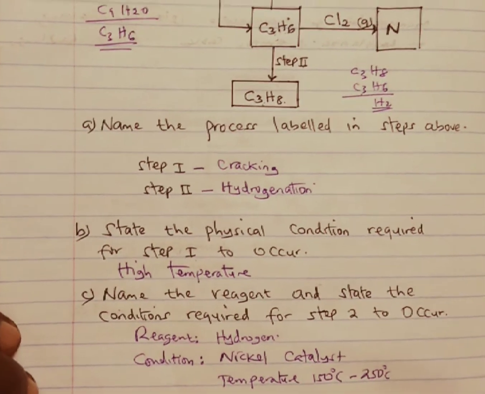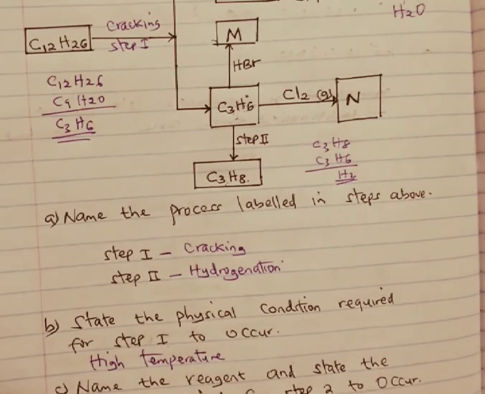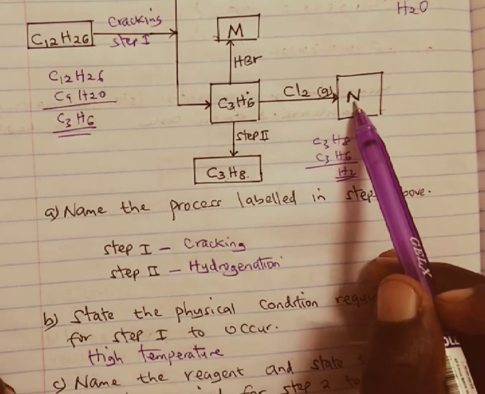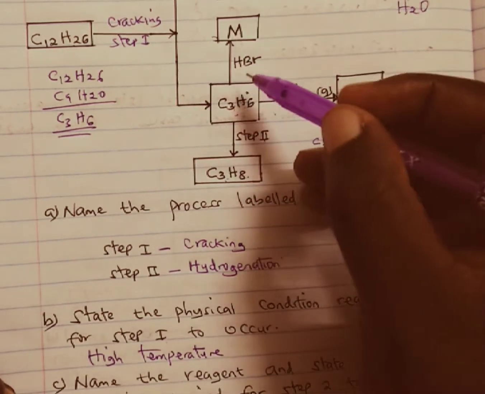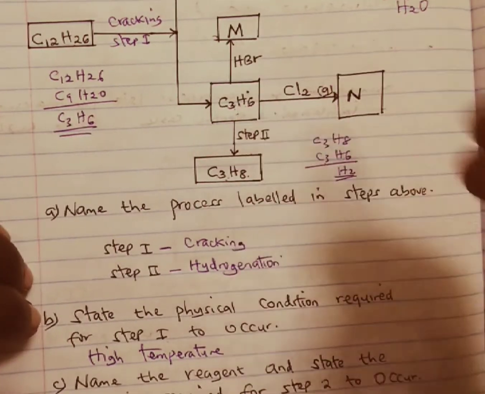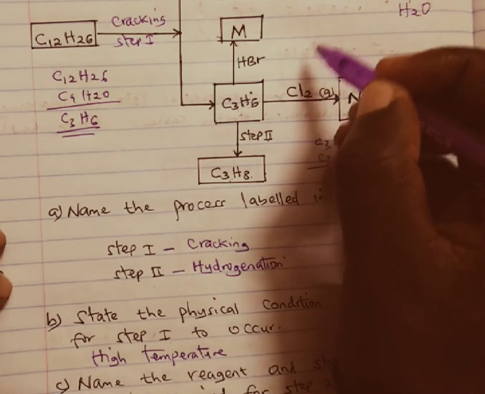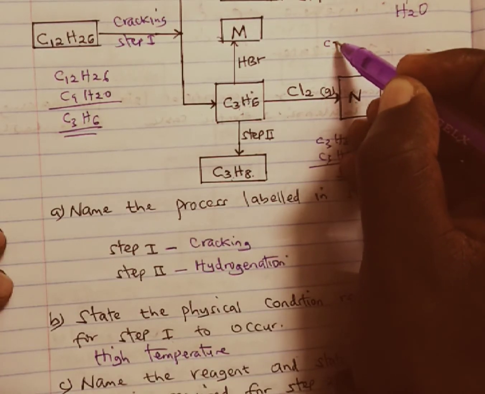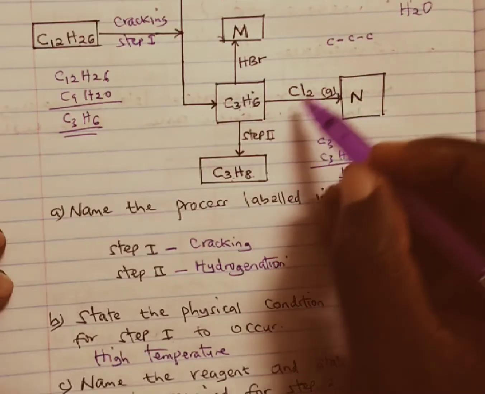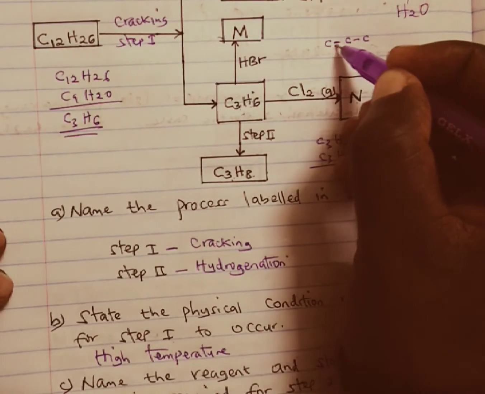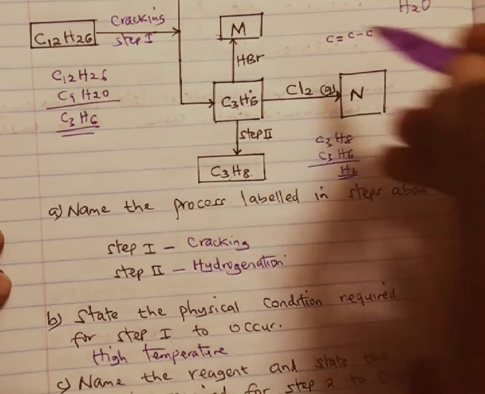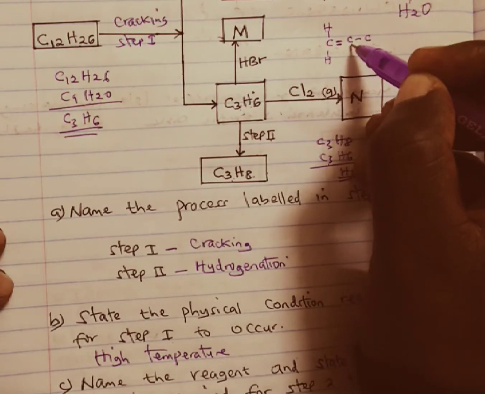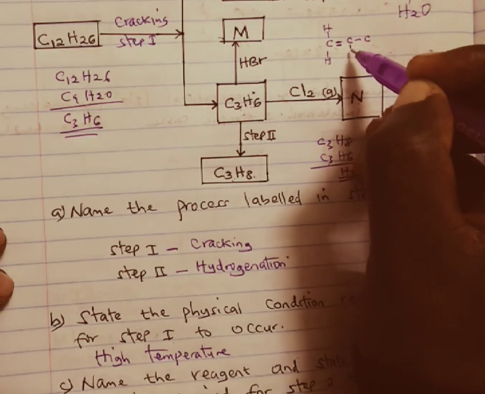What else have we not done? We have already exhausted the questions, so let us go up and look at how substances M and N were formed. In this case now, let us look at how M was formed. We have C, C, C, that is 3 carbon atoms, but remember there is a double bond somewhere, so we are going to have H. We also have H here.